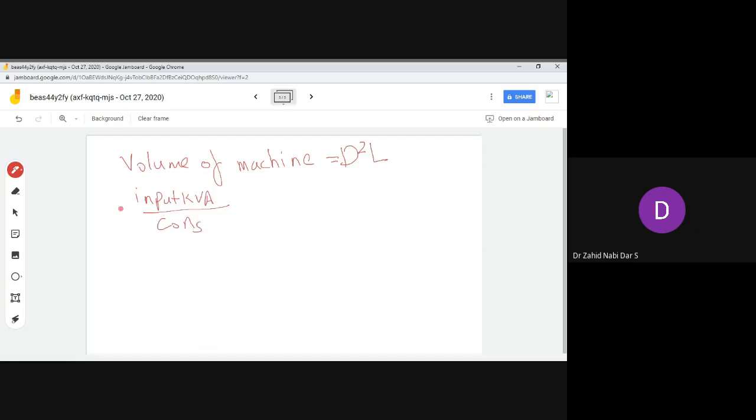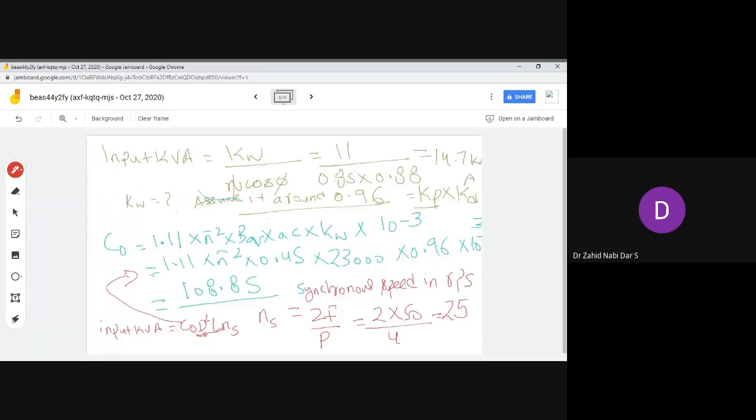That would be our D square L. Look at this equation, the same thing. D square L I have kept here, input kVA divided by C naught NS. Nothing but the same thing I have written over here.